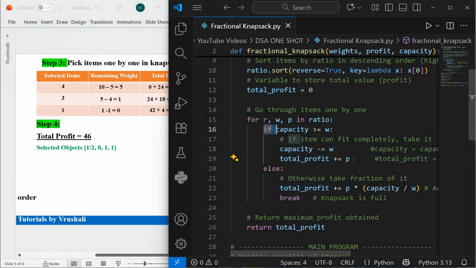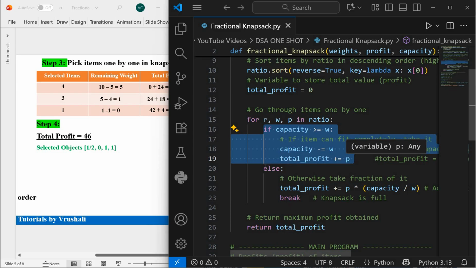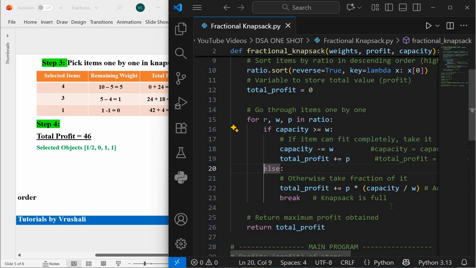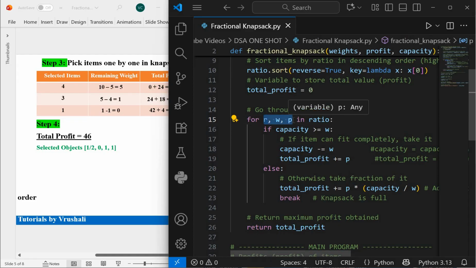Now this if part indicates you have to add the item completely, and the else part indicates the fractional items. Here there are 3 variables: R indicates the ratio, W the weight, and P the profit of the item.